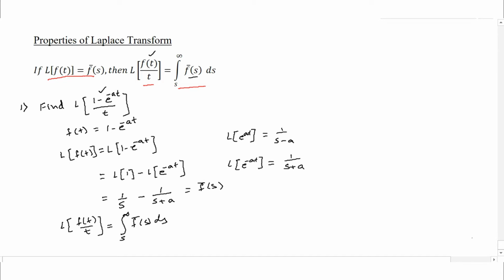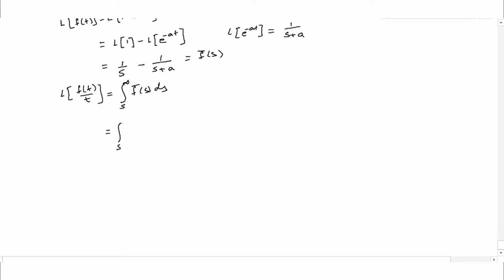Plug in the value of f bar of s that we have got: the integral from s to infinity of (1 by s minus 1 by s plus a) ds. Apply the integral separately for each of the terms: the first term is the integral from s to infinity of 1 by s ds, minus the integral from s to infinity of 1 by s plus a ds.